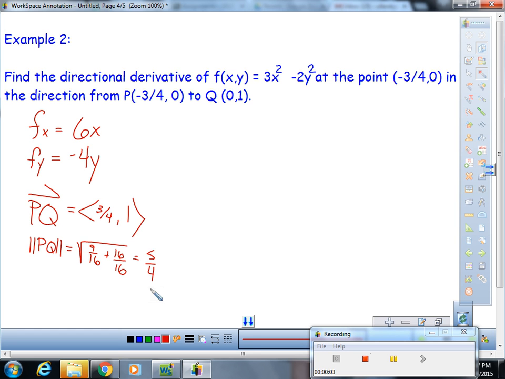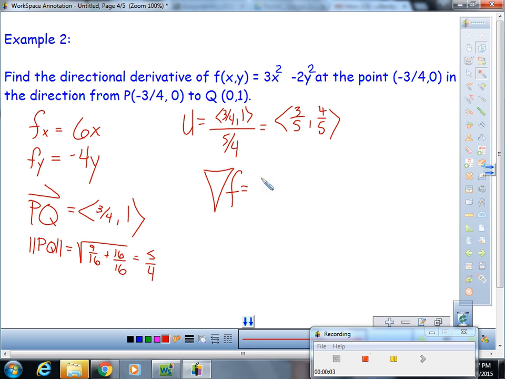So to find the unit vector in the direction of PQ, u is our vector PQ divided by its magnitude, which ends up being 3/5, 1/5. Is that right? No, 3/5, 4/5. Sorry. Okay? Got it?